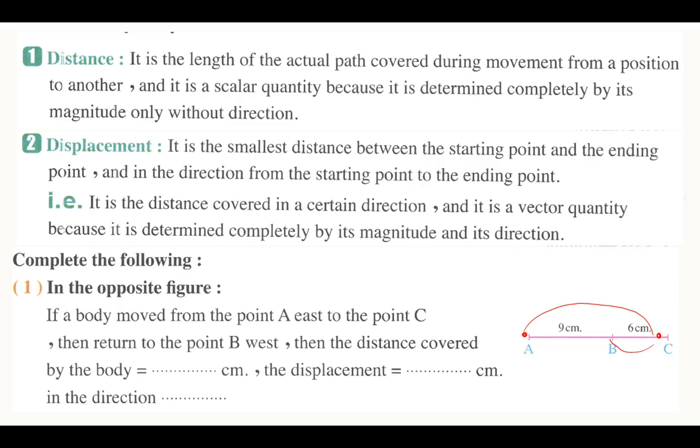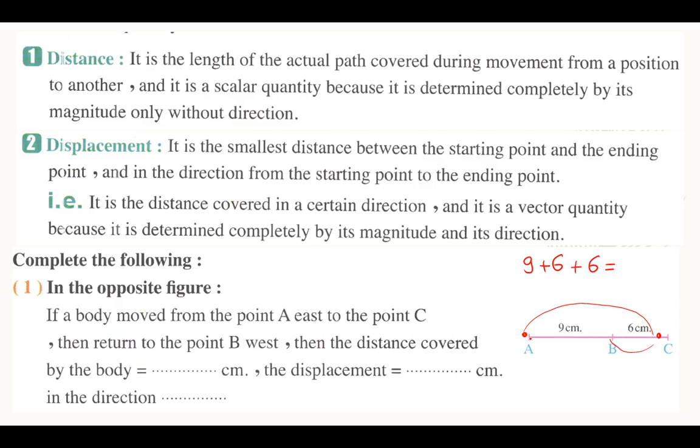Then the distance covered by the body equals how many centimeters? The distance here will be 9 centimeters plus 6 centimeters to the east, plus another 6 in the direction of the west.